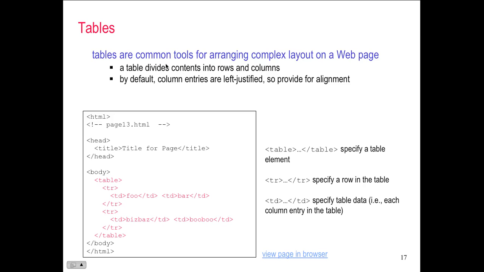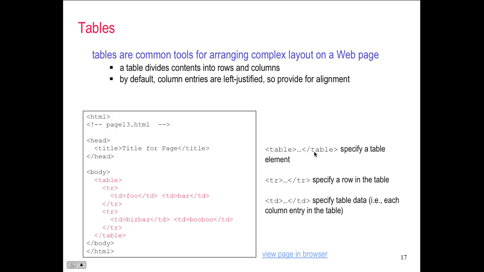So anyway, tables are common tools for arranging complex layouts on web pages. A table divides content into rows and columns. By default, table column entries are left justified, so you can provide some alignment. So here we have the title, and then inside of the body we have a table.